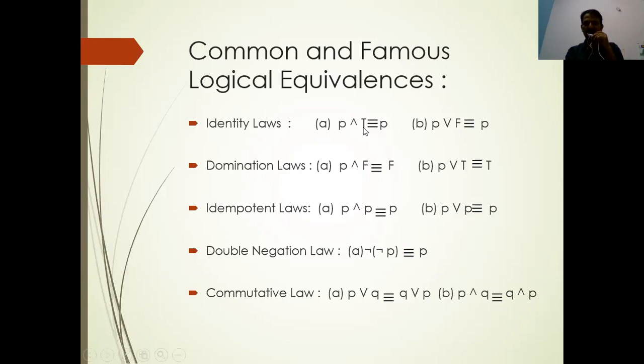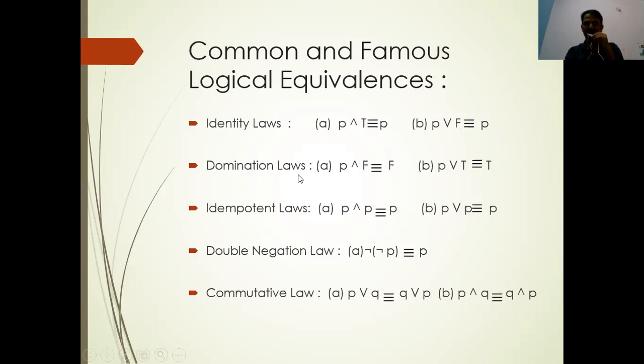So P and T is equivalent to P only. Also, P or F is always P only. So if you observe P and T, P or F, both give P only. This is the identity law.